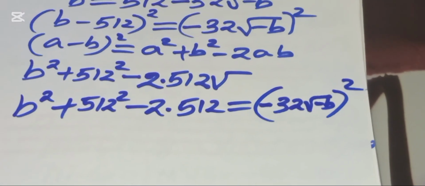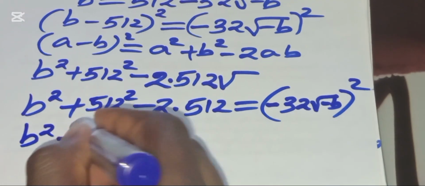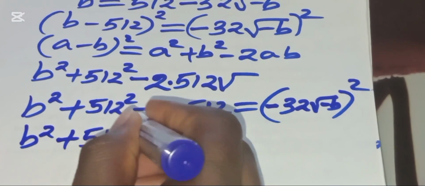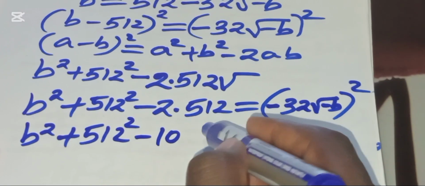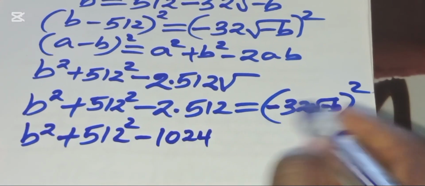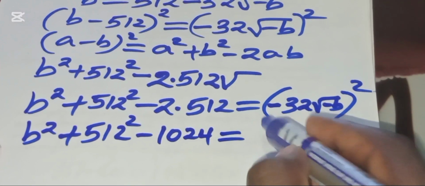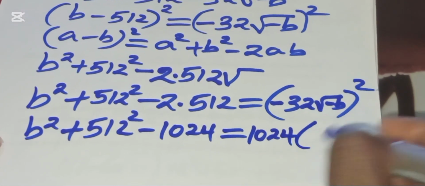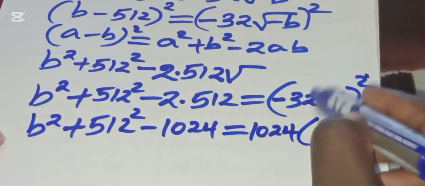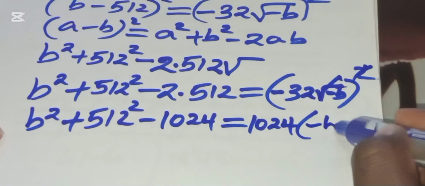All right, now from what we have here, this is b squared plus 512 squared minus 1024b. This is equal to, now negative 32 squared is the same thing as 1024, multiplied by the square root of negative b squared. We just eliminate the square root sign, and we'll have negative b.